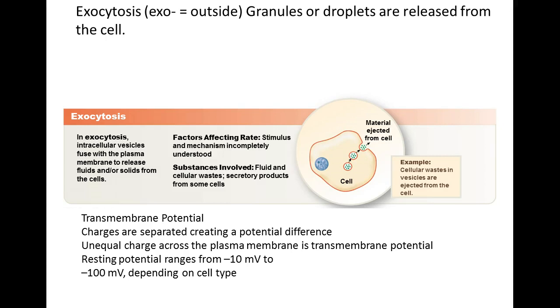That vesicle comes close to, butts up against the inside portion of the cell membrane, becomes one with the cell membrane, and then the contents are released from the cell, exocytosis. And this can be solids and also liquids, but mostly solids.